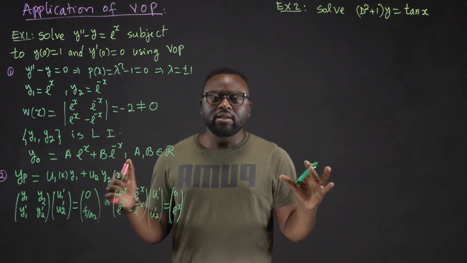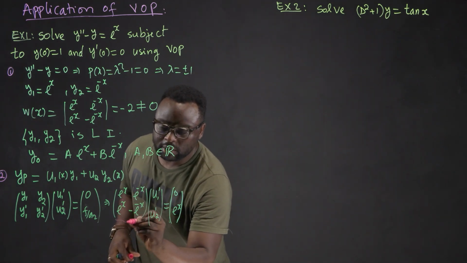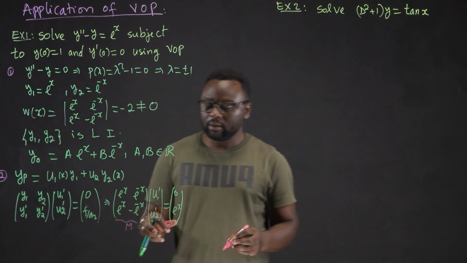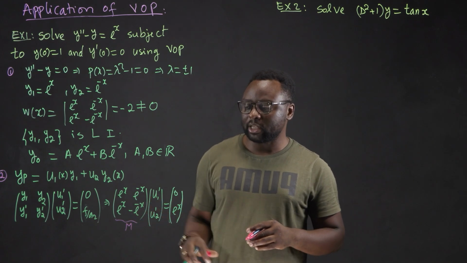So at this stage, we can use different approaches. If we call this matrix M, then for the first approach, we can just find the inverse of this matrix, okay? It's a 2 by 2.